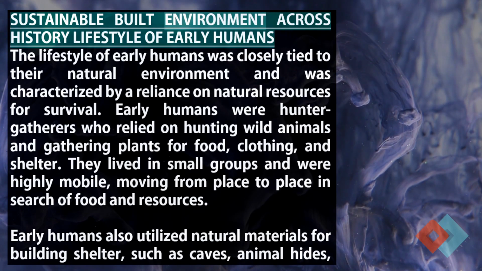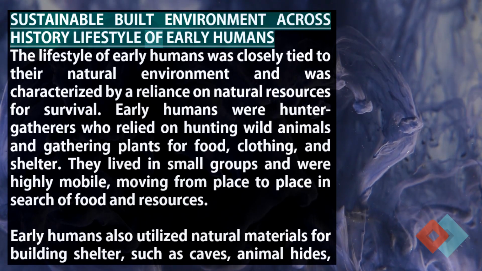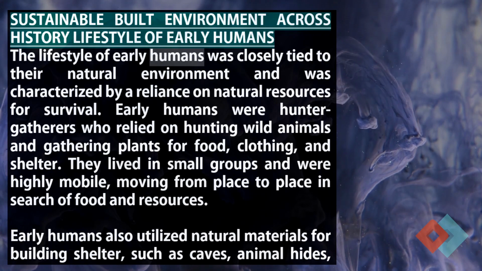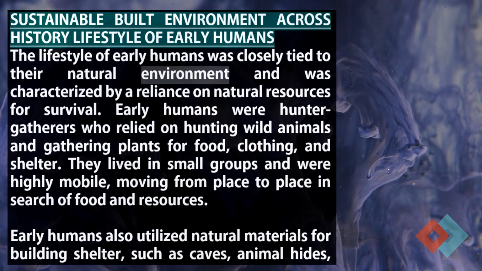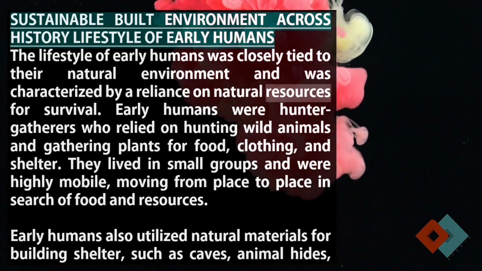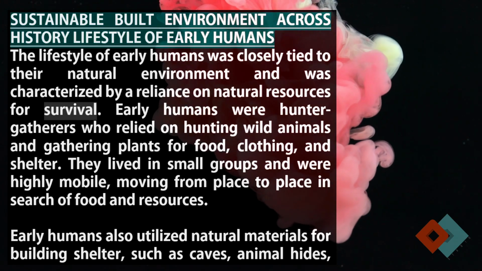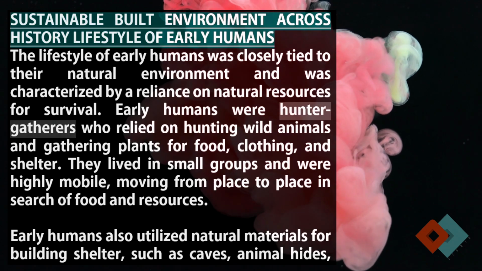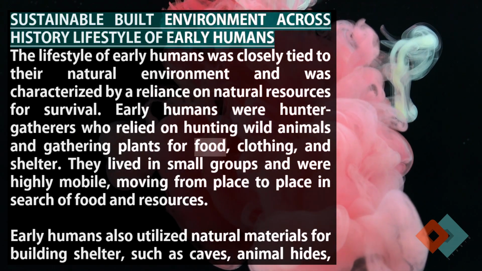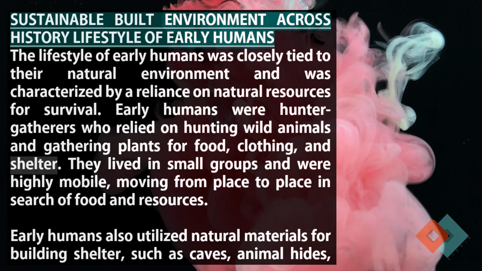Sustainable built environment across history. Lifestyle of early humans. The lifestyle of early humans was closely tied to their natural environment and was characterized by a reliance on natural resources for survival. Early humans were hunter-gatherers who relied on hunting wild animals and gathering plants for food, clothing, and shelter.